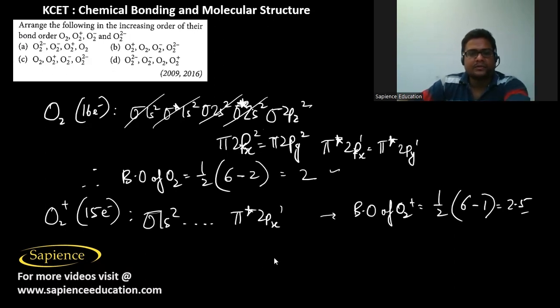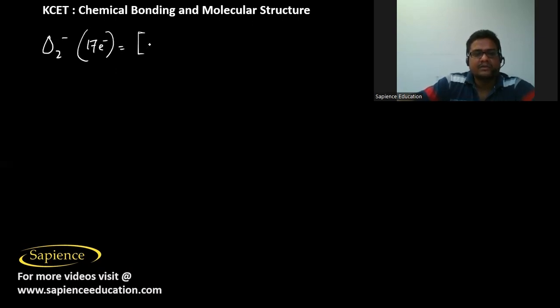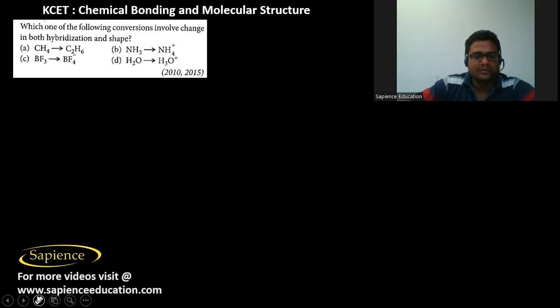Then for O2 minus, there are 17 electrons. So here also it will be the same as the electronic configuration for O2.